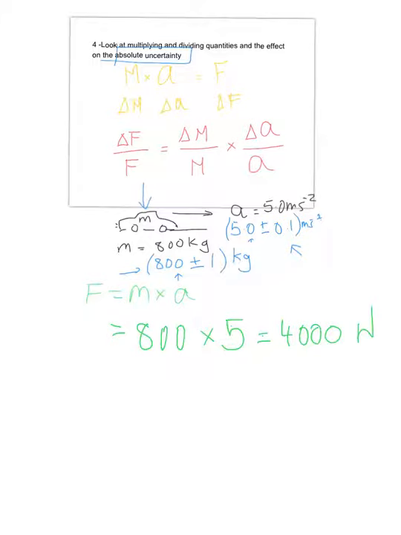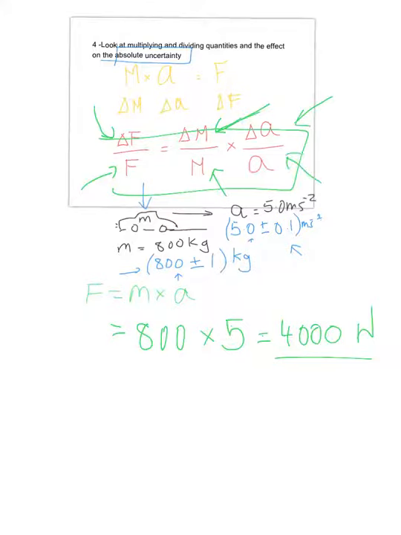Okay, so hopefully you got a value of 4,000 newtons, right? So that's our answer. And what that is equivalent to is F here, right? So let's have a look at this formula again. What we've got is absolute uncertainty in force over the actual value of force is equal to the absolute uncertainty in m, mass, over the real mass, times absolute uncertainty in a over a, or acceleration.